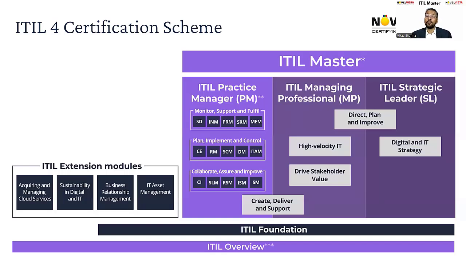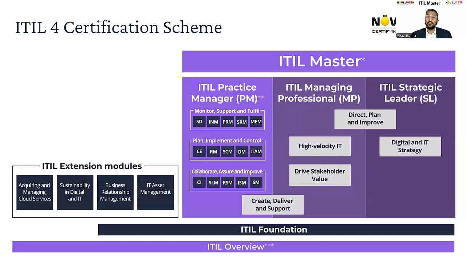That means if you were, let's say, ITIL V3 expert, or you had 17 credit points on ITIL V3, then you had an option to go for ITIL Managing Professional Bridge course. So if you complete the bridge course, it covers this delta and you become ITIL Managing Professional doing that particular certification. But now, if people haven't done the bridge course, it is no more. I mean, it's discontinued.